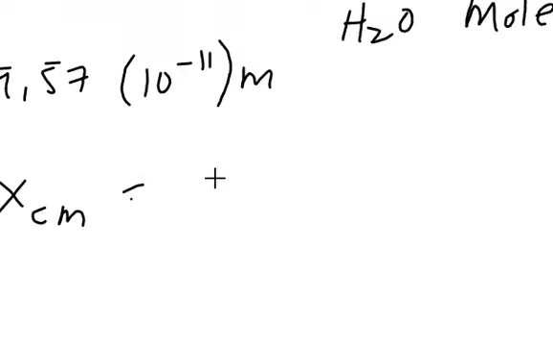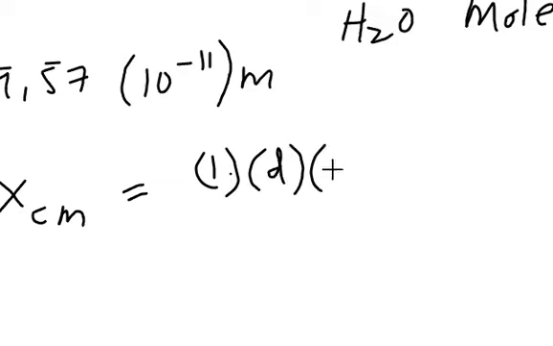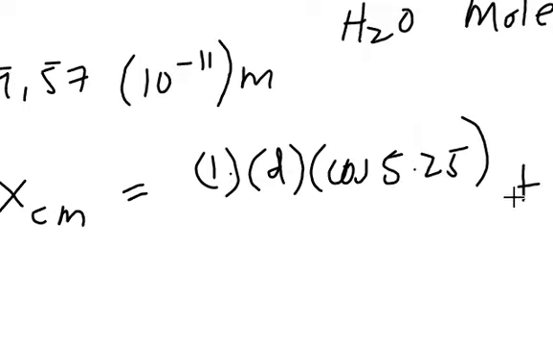So we've got 1 u, we'll just call that 1, times D cos 52.5, plus 1 u times D cos 52.5, right? These guys are both in the positive.